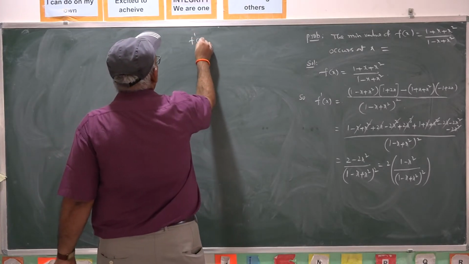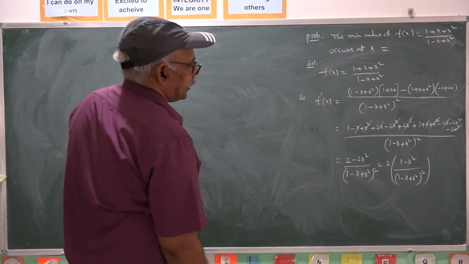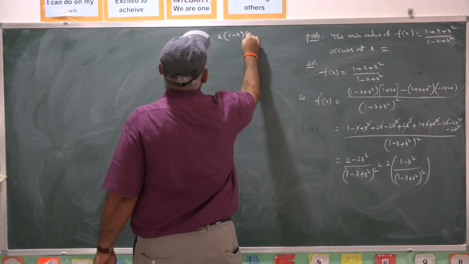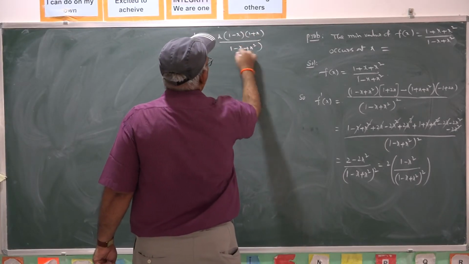Here I will apply the first derivative test itself, that is 2 into (1 minus x) into (1 plus x) by the square of the denominator.